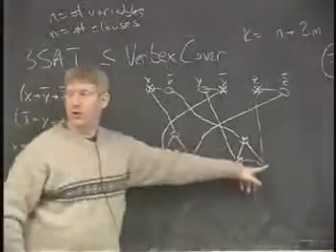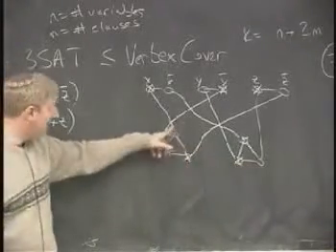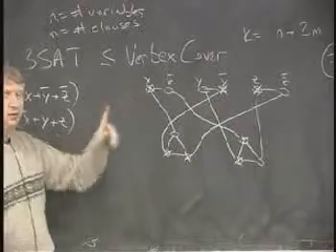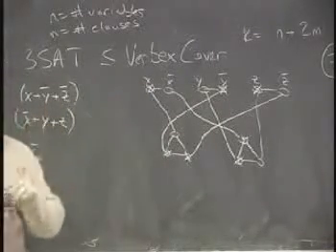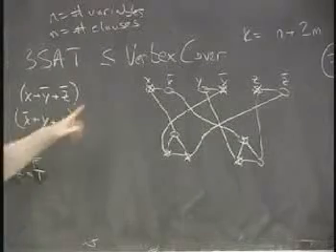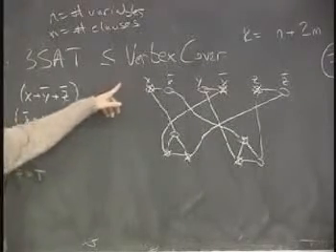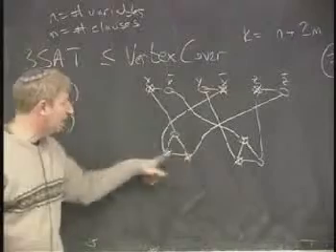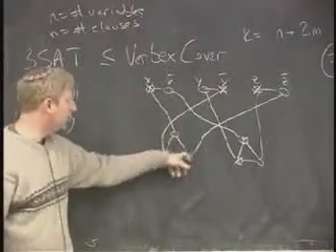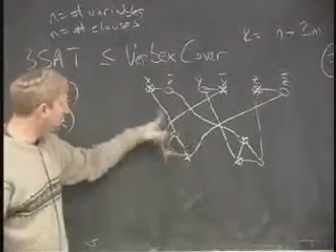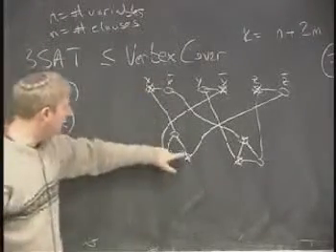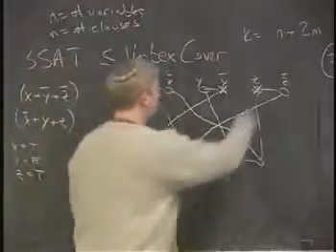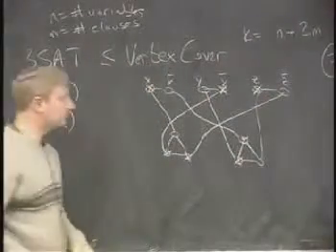The fact that every one of the triangles is connected to at least one variable up on top that is true. And I mark those in the vertex cover. So since I got 3 edges to take care of that go in between, from here to here, and at least one connects to something that's already covered, I can use my other 2 to cover the ones that go to empty spots.